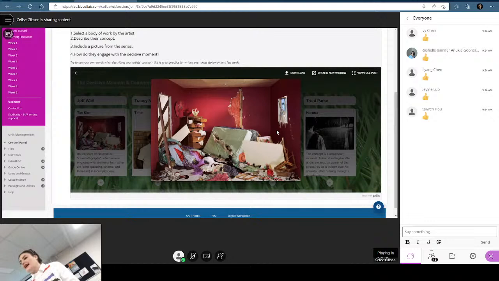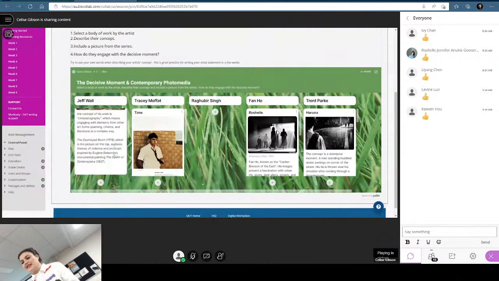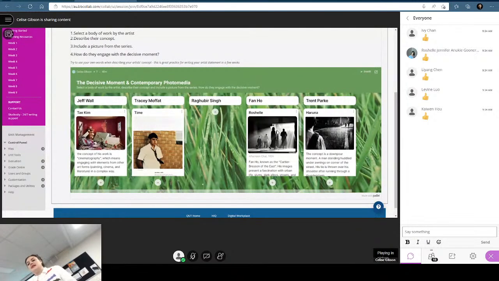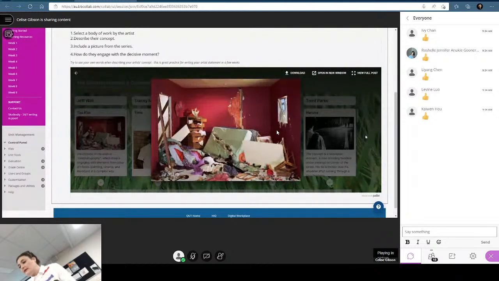But his work has been talked about as being almost like fake photo documentary. Because in this particular work that Tay has put here, it's thinking about traditional paintings and how to transform them through a contemporary lens.